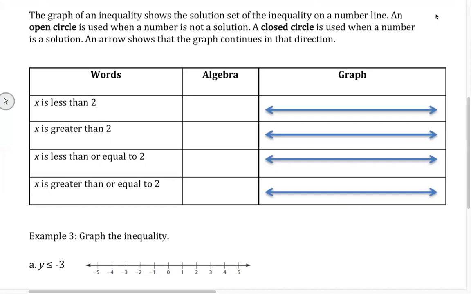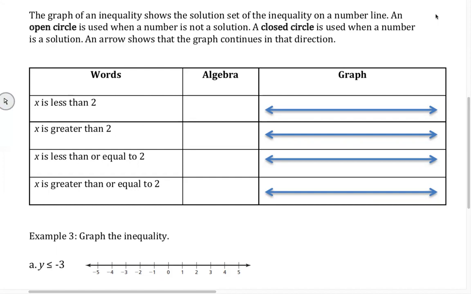Open or closed? Open. Now, can you give me a number that's less than 2? 1's less than 2. The reason I asked for those pieces of information is it's going to make my graphing that much easier.